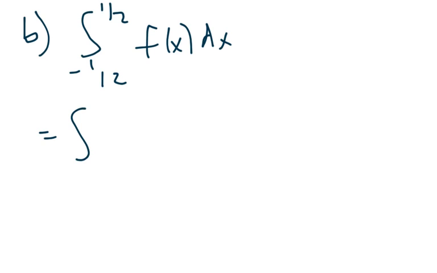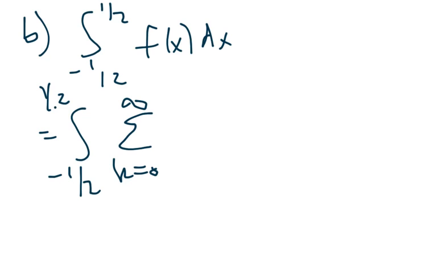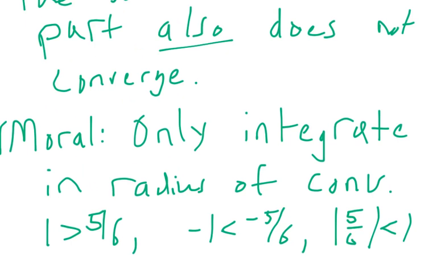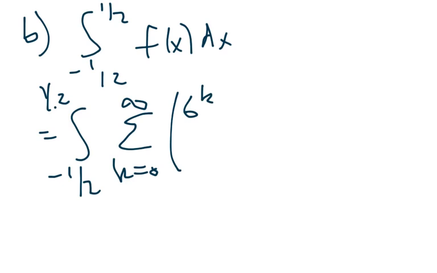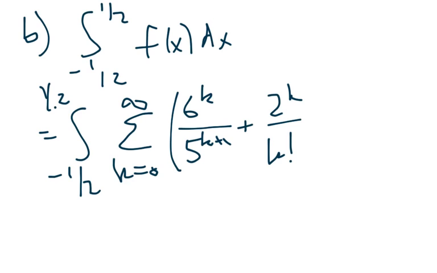Well, I'm going to write this in terms of my Taylor series, so I have minus 1/2 to 1/2, the sum from k equals 0 to infinity, and what was my Taylor series? 6 to the k over 5 to the k plus 1, plus 2 to the k over k factorial, x to the k, and this is all going to be within one big bracket, dx.